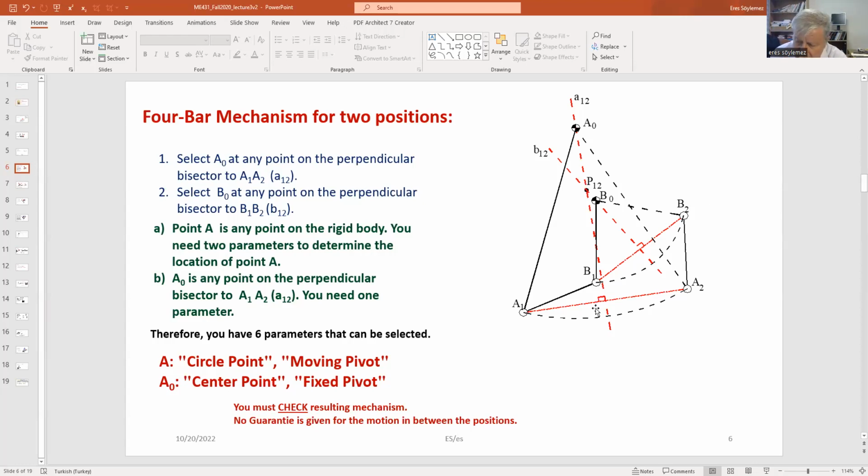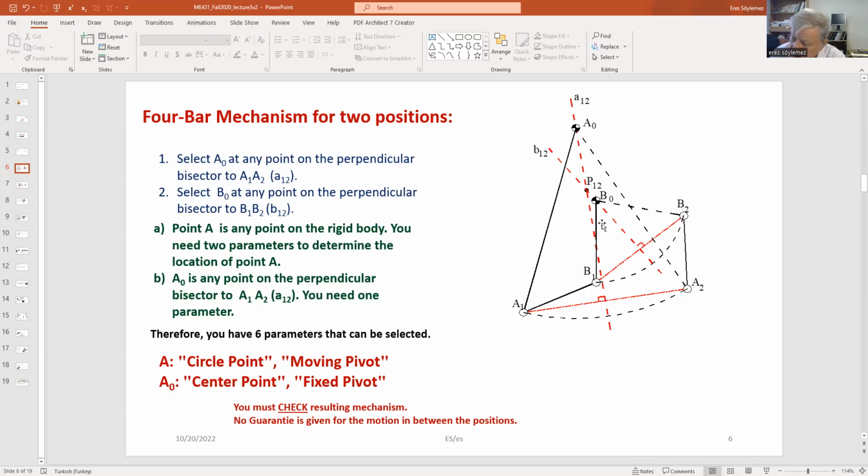Now let us look at one parameter, this selection of A0 on the perpendicular bisector. I can determine the midpoint of A1, A2, and then select the distance from that midpoint to A0, one possible parameter. Or I can select the distance from P1 to A0, another parameter.